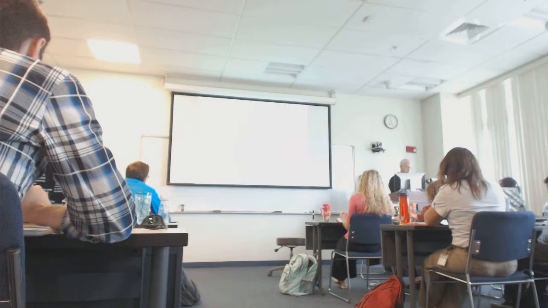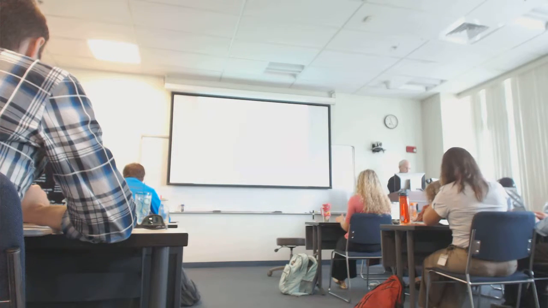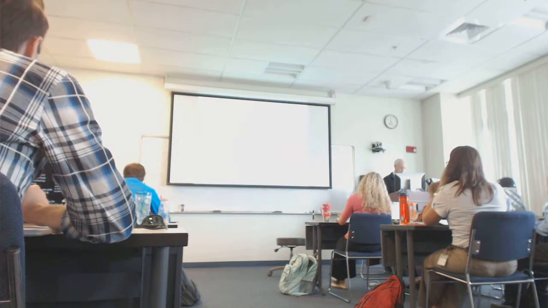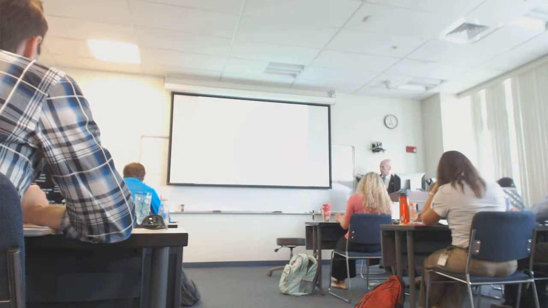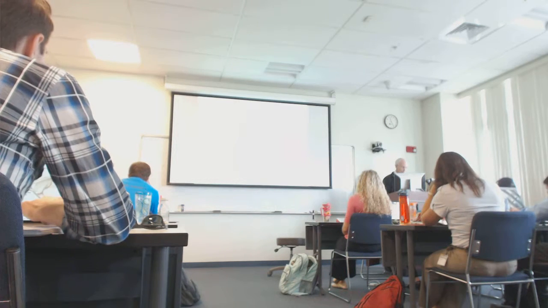You can see the relative relationship of the two, the atlas sort of pivoting upon the dens of the axis there. Here's the odontoid process and the superior articular facets. Notice that these facets in C1 and C2 are more or less horizontal relative to anatomical position, unlike other cervical vertebrae.